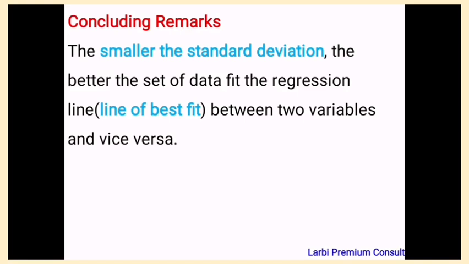All the predictions we make will have higher accuracy compared to where we have a bigger standard deviation. So the smaller the standard deviation, the better the data fits the regression line, the line of best fit between two variables, and vice versa. A very large standard deviation value means the data doesn't fit well with the line of best fit.